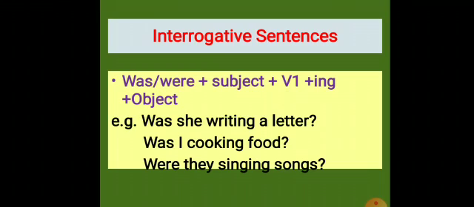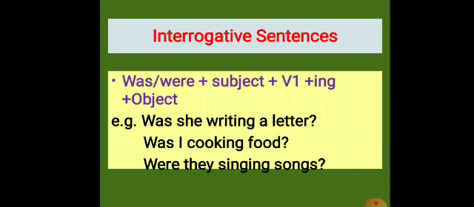Now if we want to make interrogative in past continuous tense, again we'll put the helping verb, which will be was or were depending upon the subject, before the subject. The helping verb will come before the subject.